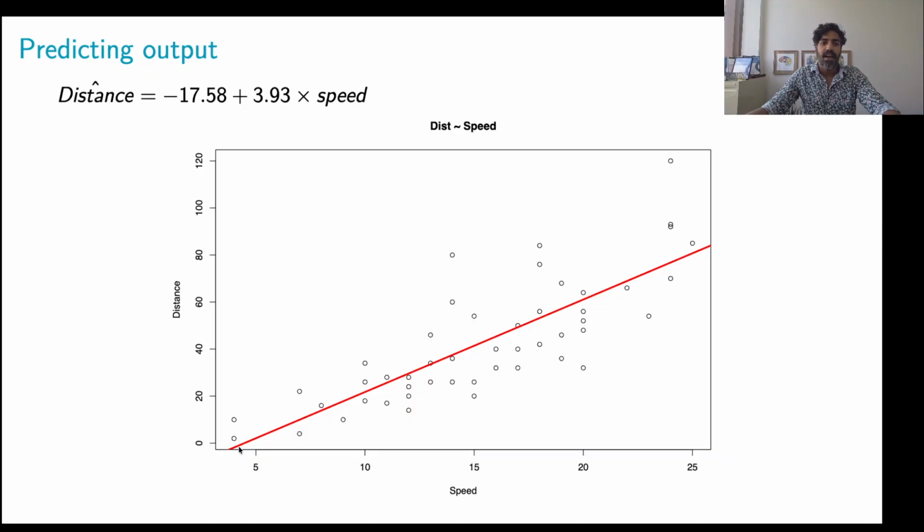I would imagine it's because this line of best fit extrapolates. So even though the values of the data go up to say 24 or maybe 25, it extrapolates beyond there, and it extrapolates beyond the lowest value here, which is 3 or 4.